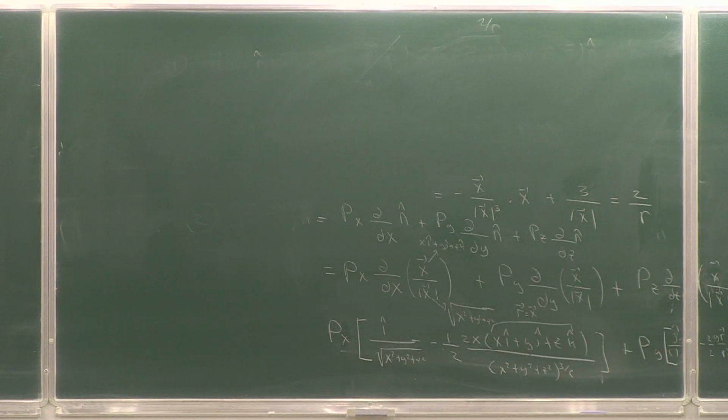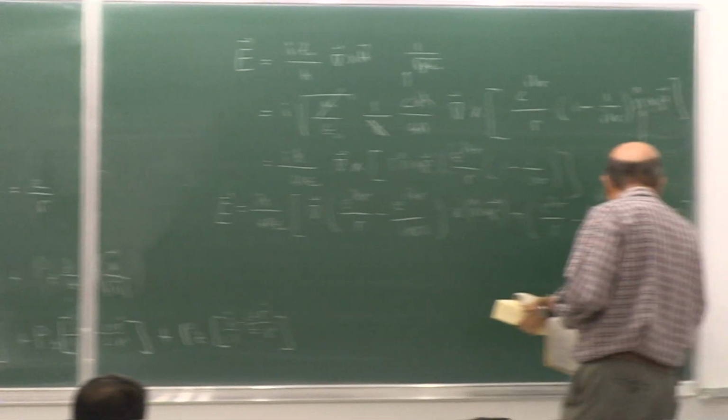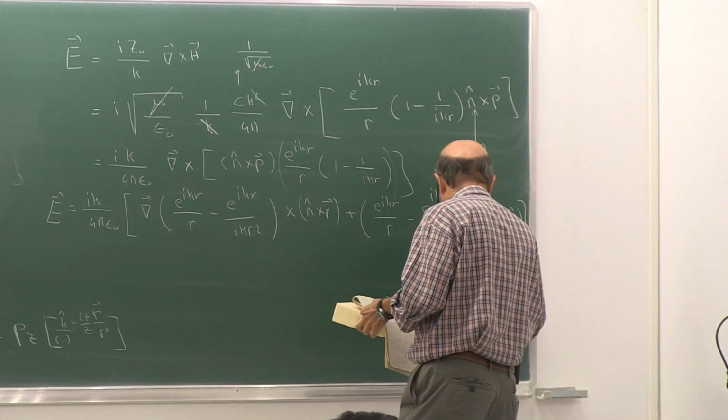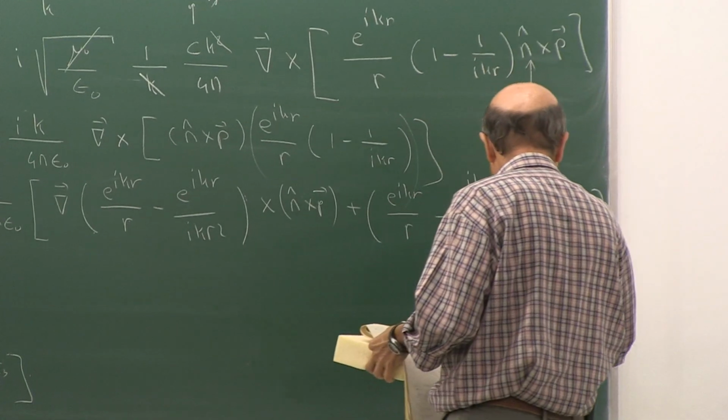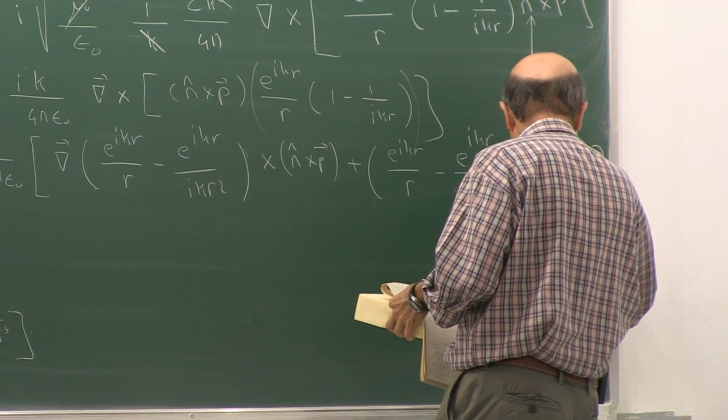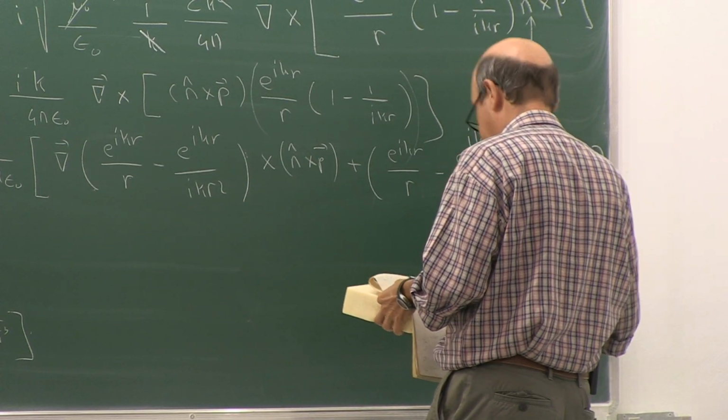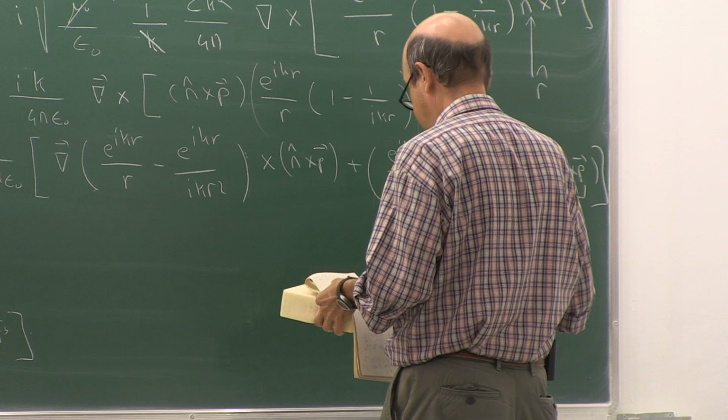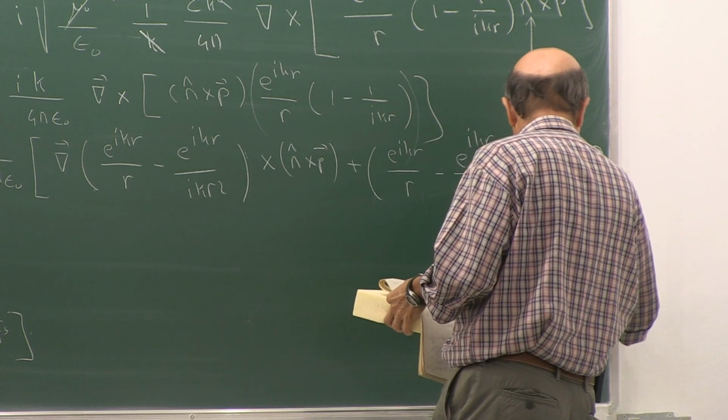So basically this curl of n cross p is minus p over r and minus p dot n over r times n hat.